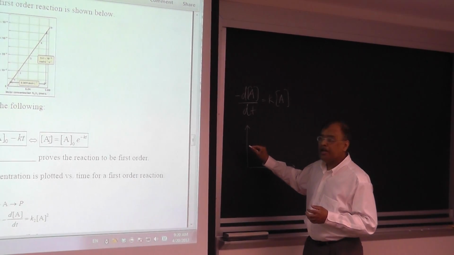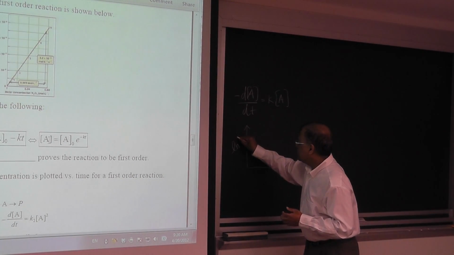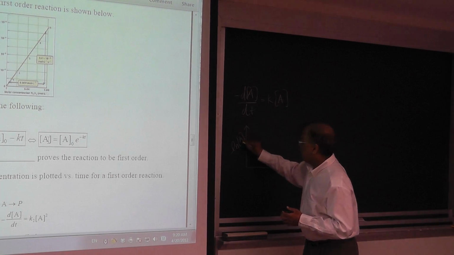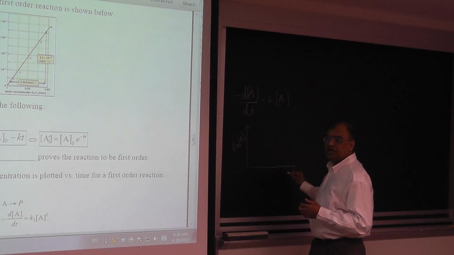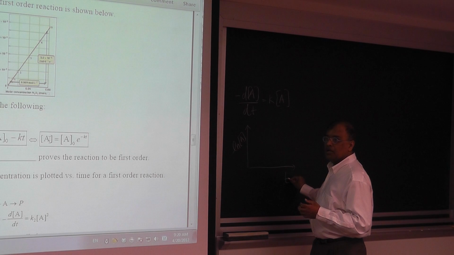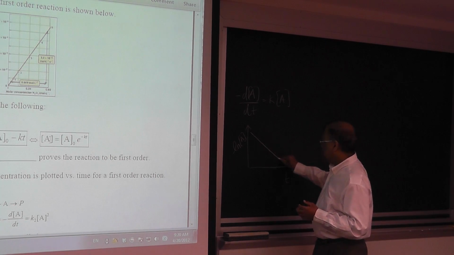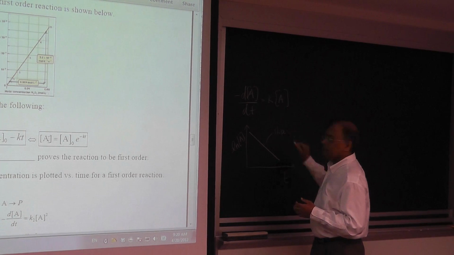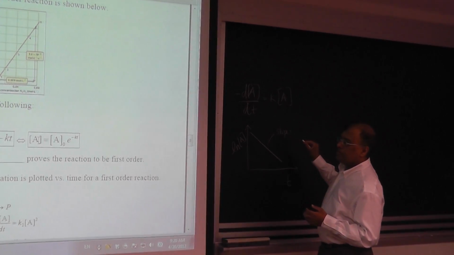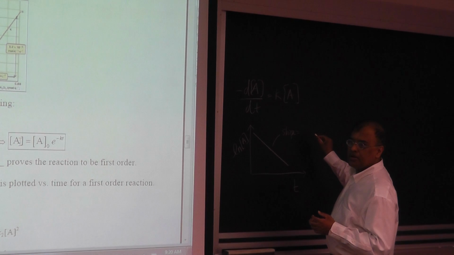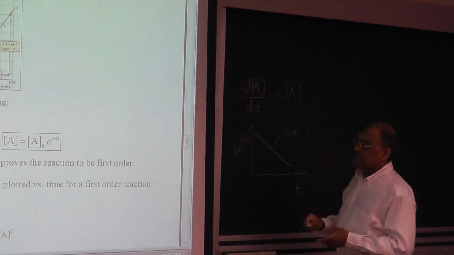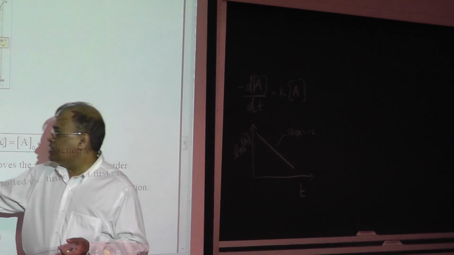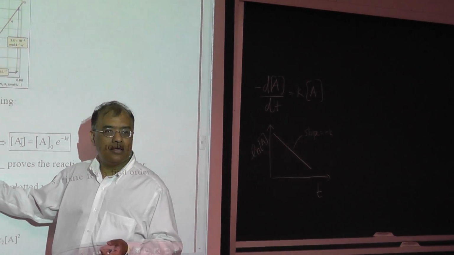Log of A. And on the x-axis? Time. And the slope here is going to be minus k. This is just y equals mx plus b.